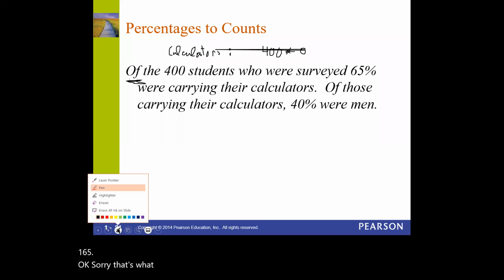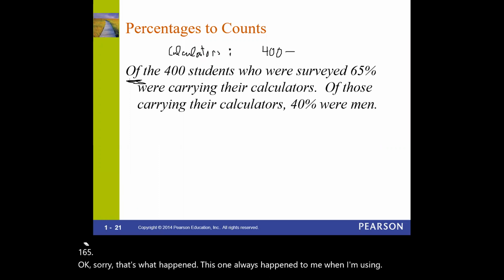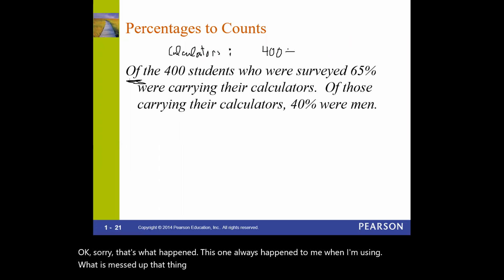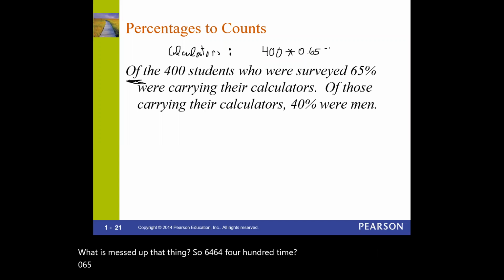Oops, sorry. This always happens to me when I'm using PowerPoint. So 400 times 0.65 will give you the number of people who have calculators. Remember, whenever you see "of," it means multiplication.